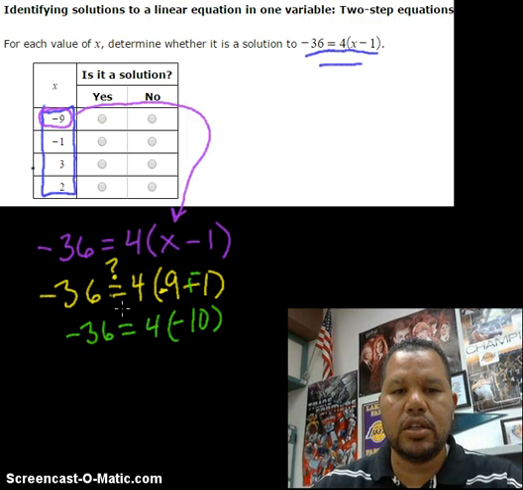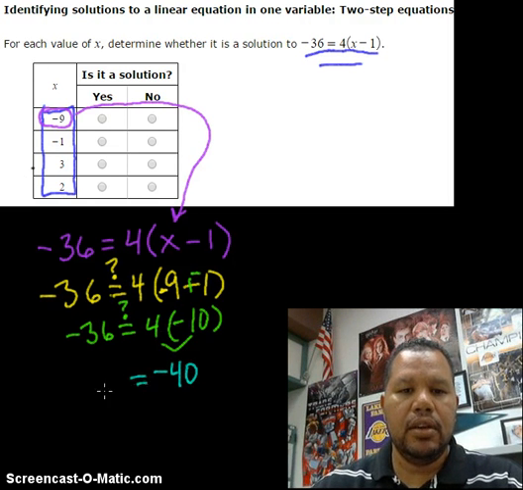This is still in question. Next step is multiply this 4 and negative 10, which is negative 40. And we see negative 40 is not the same as negative 36, so therefore it is not a solution. So we will put no. Negative 9 is not a solution. Then we will go through and test the rest.